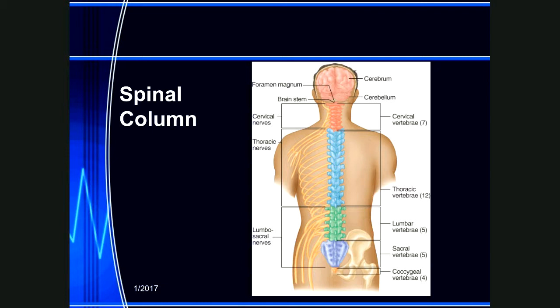So that medulla oblongata, it is not protected. It's right at the base of the skull. So part of it's inside the skull, part of it's outside the skull, leading down into the spinal column. So a laceration there is fatal to your patient.